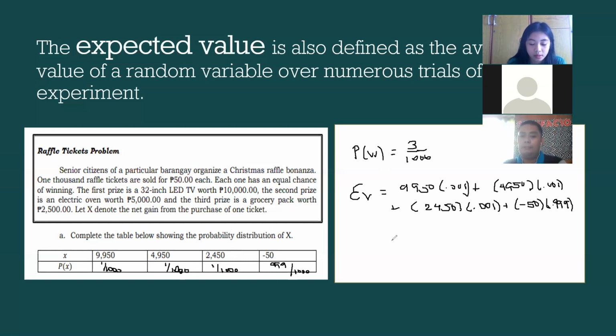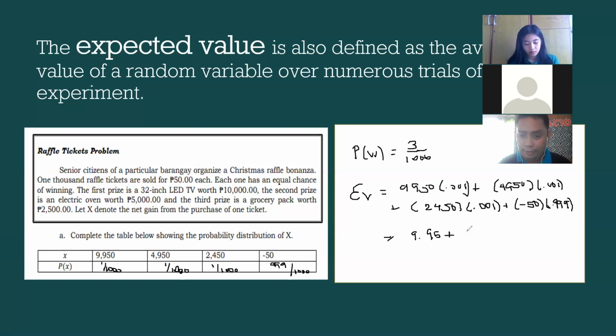So what is our expected value? Can you please compute for this? So that is 9,950 times 0.001. That is 9.95 plus 4,950 times 0.001.